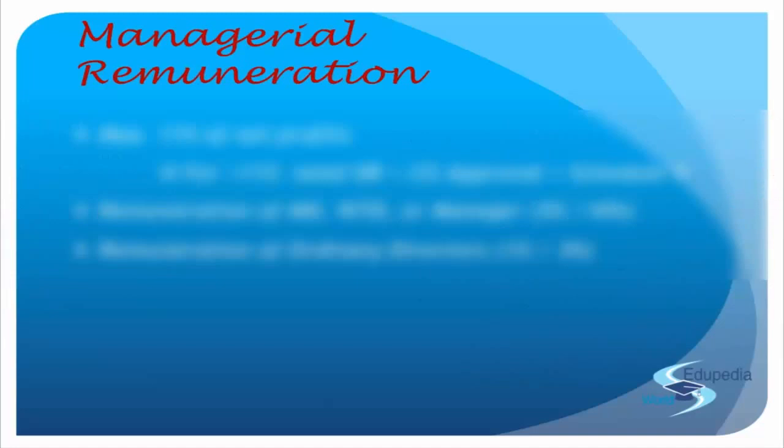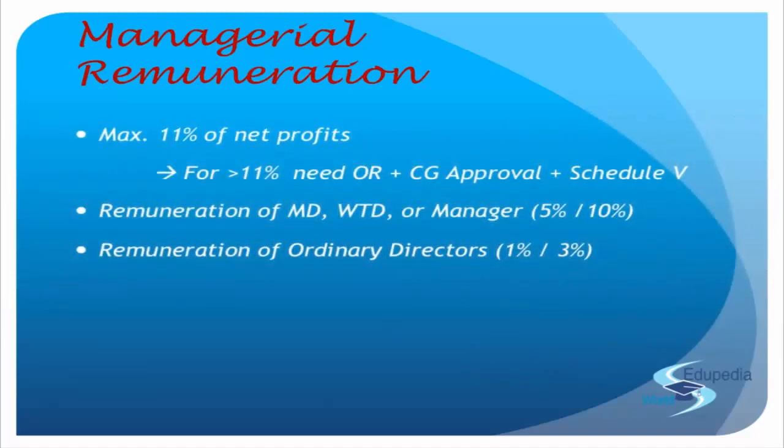So if you look at the entire scenario that we have discussed, the first and second proviso, the percentages are very well linked up. Well calculated, right? I hope this calculation will stay in your mind. These figures will stay in your brain: 11, 5, 10, 1, 3, all these figures.